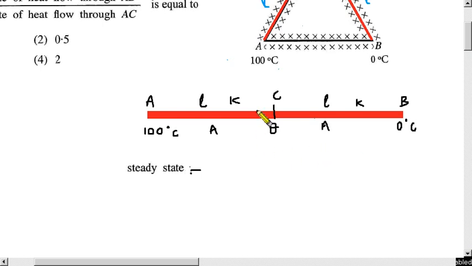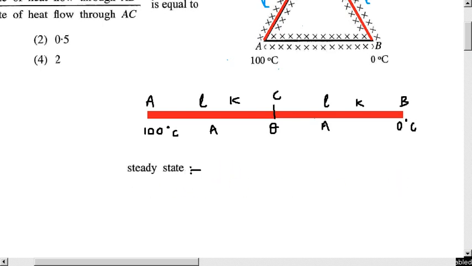From time to time we have to take the readings, and after a certain time we can decide these temperatures are constant. After 5 minutes, taking the reading from minute to minute and observing properly, we can identify that the thermometer readings don't change. At that time we call it steady state.